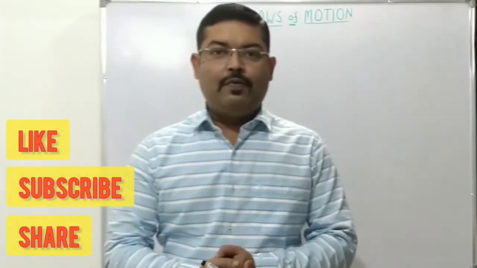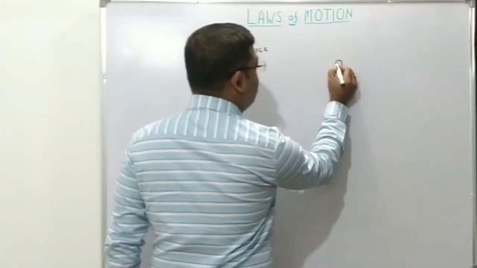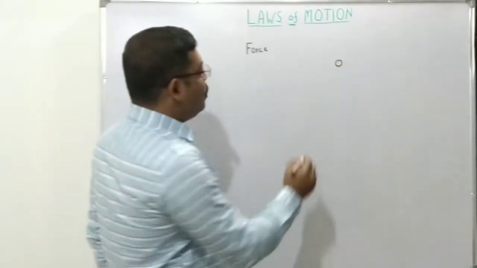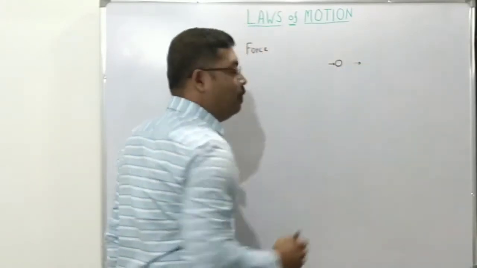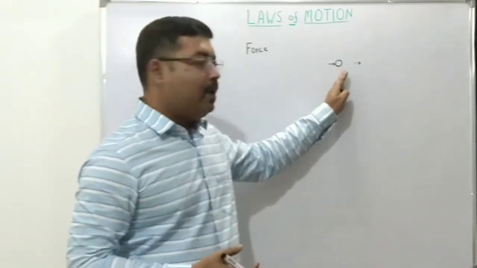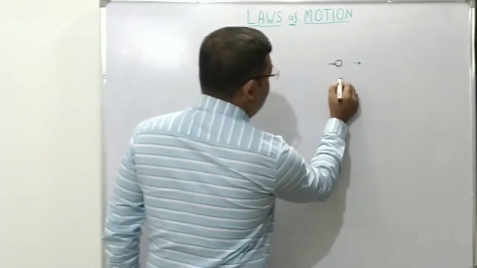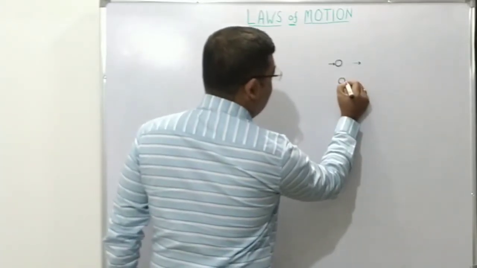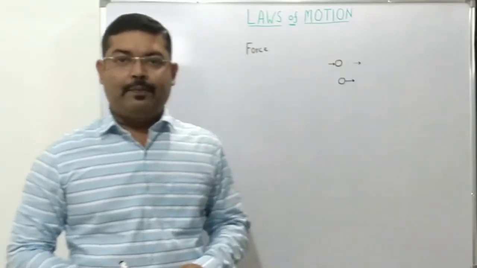So what we have observed is that if there is an object, say a ball, at a stationary position, if we push it from one direction, it will start moving. So an acceleration will be imparted to it. Or alternately, if we take the same ball or some other object and pull it, then also it will start moving.